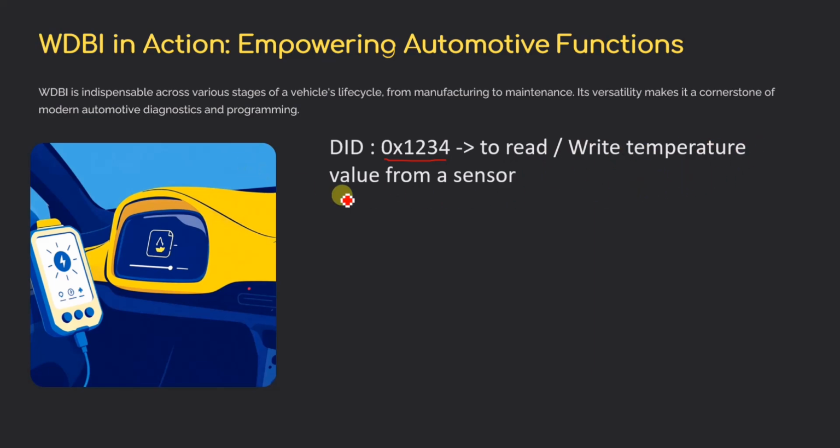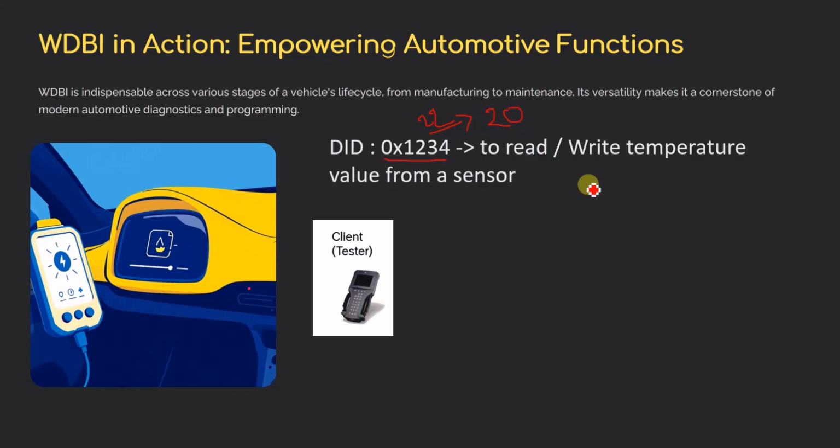It's related to a temperature value from the sensor. If you read the DID using service 22, some value is already in that particular location. That value will be read by service 22. Suppose the value is 20; it will be stored in that location.